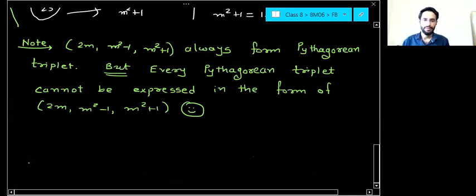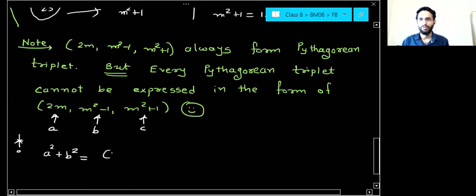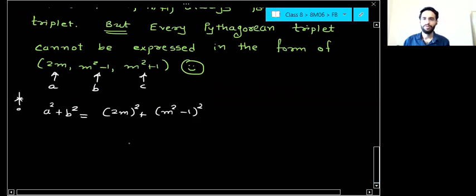2m, m square minus 1, m square plus 1. So Shivansh, it is just observation. If I am taking 2m as A, m square minus 1 as B, and m square plus 1 as C, so here a square plus b square is equal to 2m whole square plus m square minus 1 whole square. Now do you know formula of a minus b whole square? 2m whole square is 4m square. Okay.